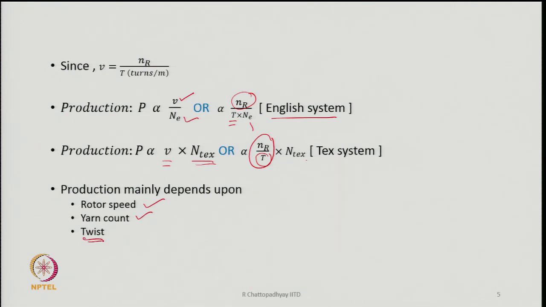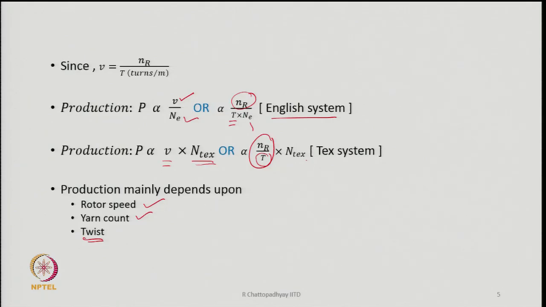So, if we increase twist keeping other things constant, what will happen to the production? Should production increase or decrease? Production should decrease. It is very obvious, because T is in the denominator, and if we increase the rotor speed keeping other parameters constant, the production should increase immediately.